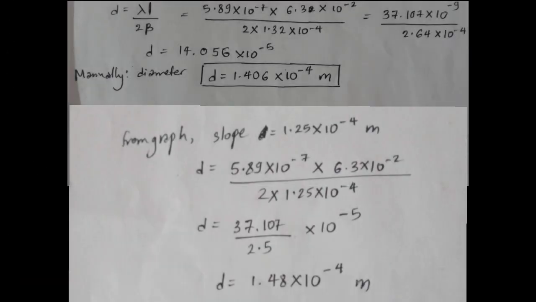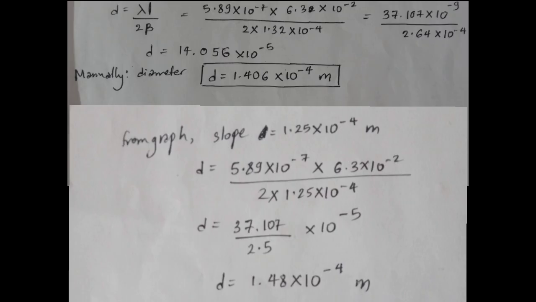So for the result, you'll have to find the value of the diameter by calculation and then by graph. So by calculation, it's really simple. You found the fringe width beta by dividing the mean value of x by 25. So that will be beta, and substitute that in the formula for small d. So d equals lambda L by 2 beta. You have all of the values. Just plug them all in and find the manual diameter.